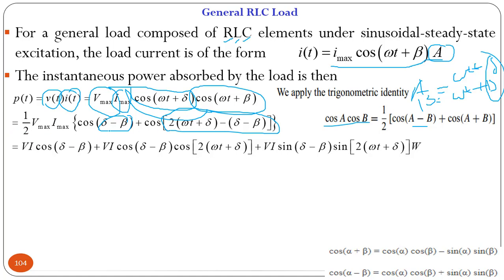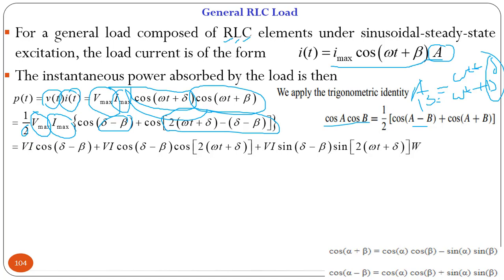Therefore, by multiplying, V max is V times square root of 2, and I max is I times square root of 2. We get 2 times VI over 2, then the 2 by 2 is canceled out.